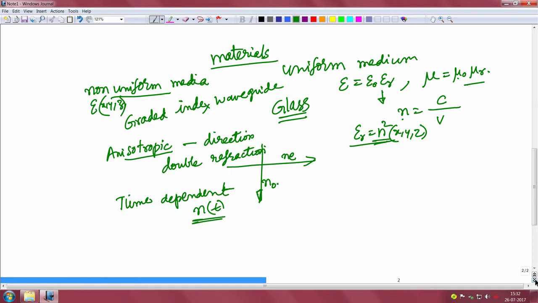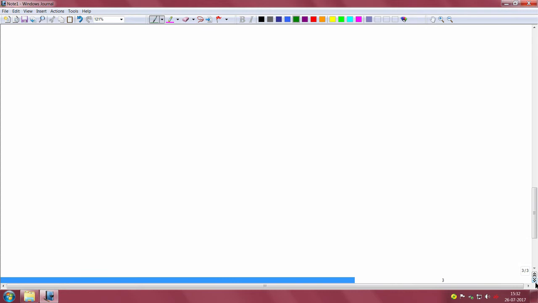So, let us make a comment on the refractive index of optical waveguides. We will make it more specific to optical waveguides.